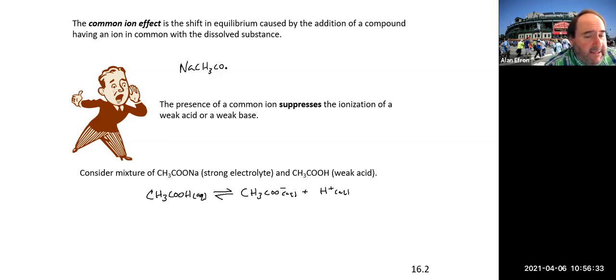Sodium acetate is a salt, and a salt, when it goes for a swim, will 100% break apart into sodium ions and acetate ions.